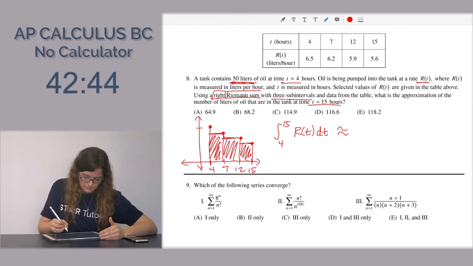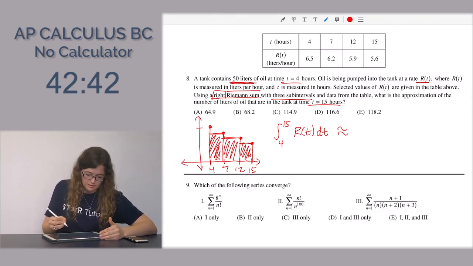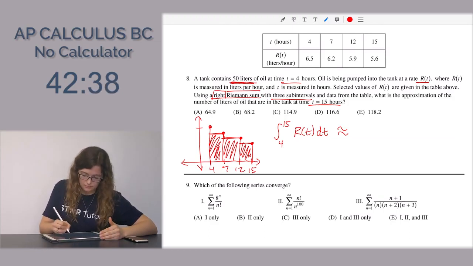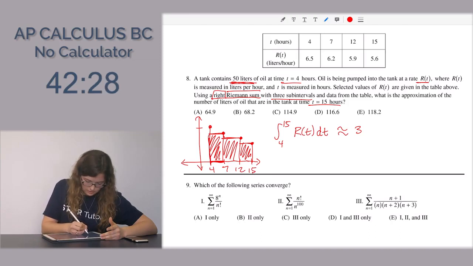And that right Riemann sum is just the areas of all of these 3 different rectangles added together. So the area of the first rectangle is just going to be length times width. The width is from 4 to 7, that's 3. And the height is going to be the value of the function, this was 6.5, this is 6.2. So its height is 6.2.